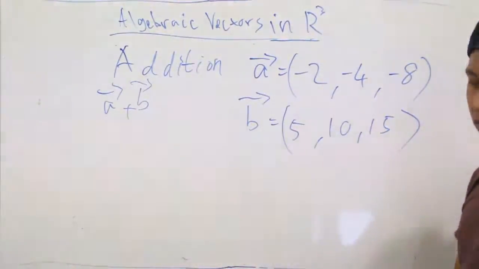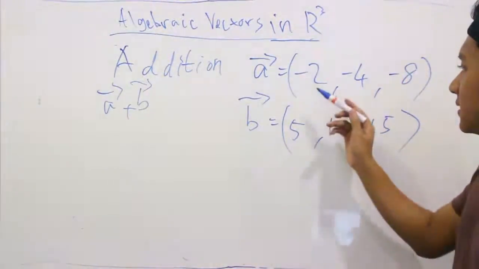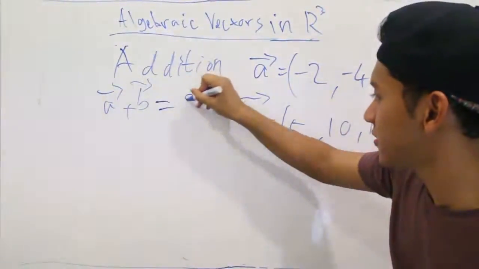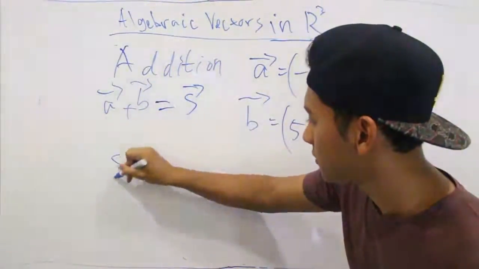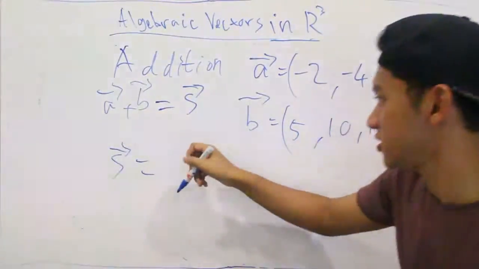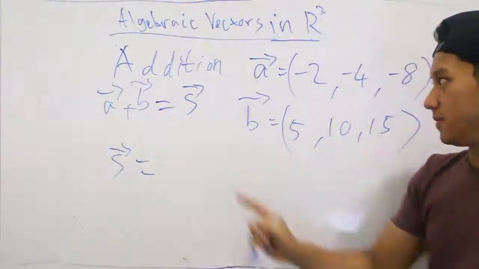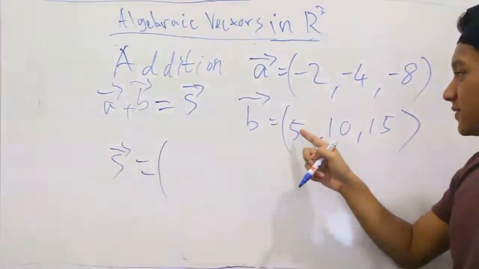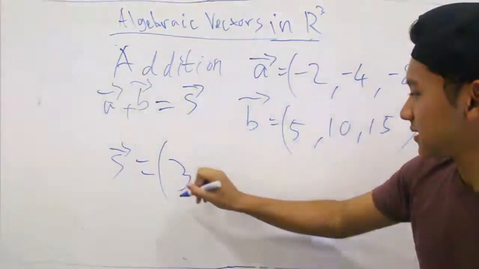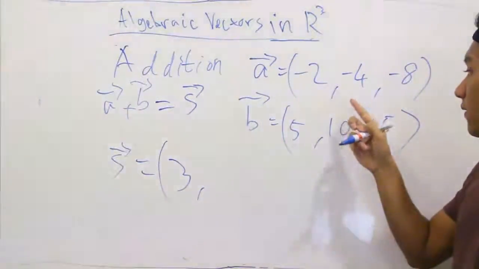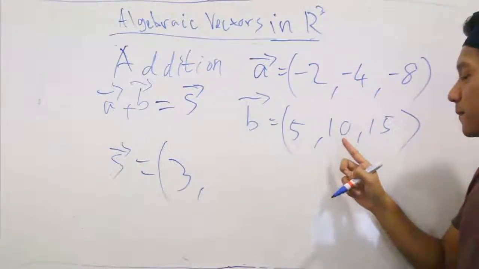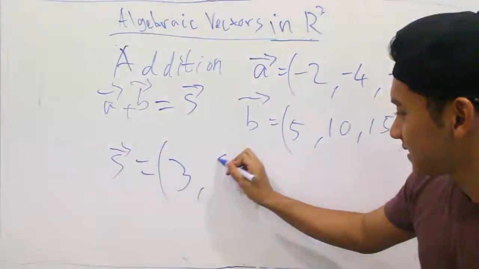We want to add vector A and vector B together. Okay? Let's call the sum of vector A and vector B S. So vector S, which is the sum of vector A and vector B, has x coordinate -2 plus 5 is 3. And for the y coordinate, -4 plus 10 will be 6.